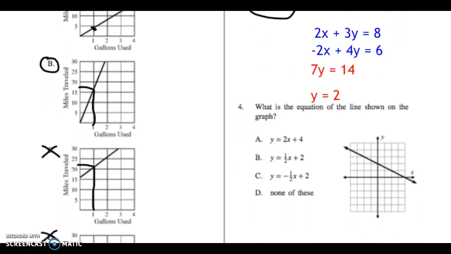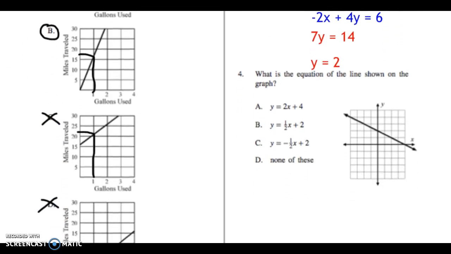For problem 4, it asks us for the equation of a line, and they give us a graph. You know that the equation of any line is going to be y equals mx plus b. So all we need to do is find the b, which is the y-intercept, and the m, which is the slope. In this case, we see that the y-intercept is here. That's our positive 2.